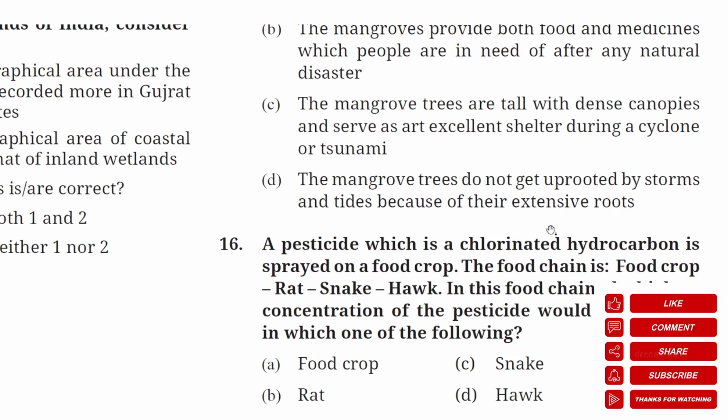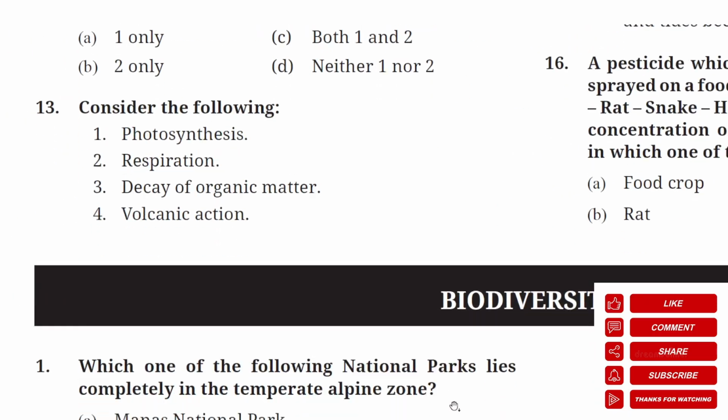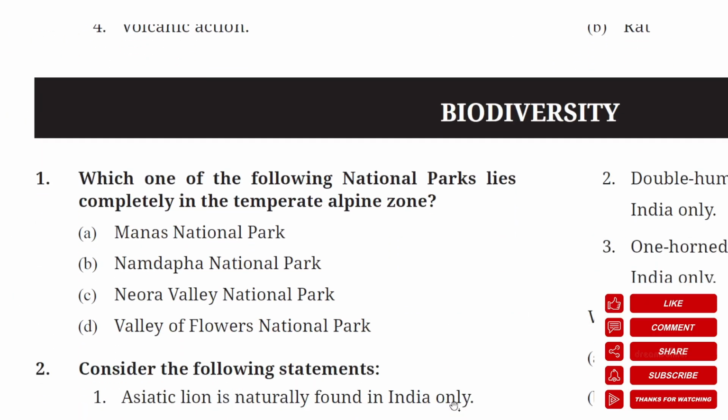So because it is chlorinated hydrocarbon, it will accumulate at a higher concentration, and this is basically about biomagnification. Okay, so answer is D, that is hog. For explanation, you should know about biomagnification.